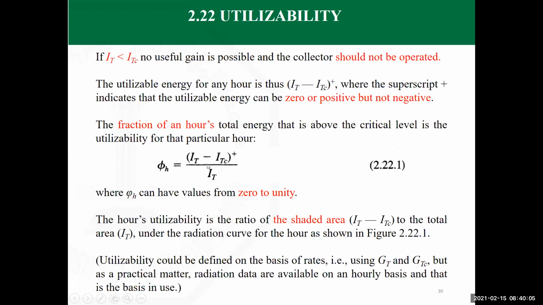Greater than 0 means that we are making use of the energy falling from the sun, depending on how much the losses are compared to the heat gain. The bigger the difference between them, the bigger the heat gain compared to the losses, the better the utilizability. You are able to utilize your solar collector in a better way.